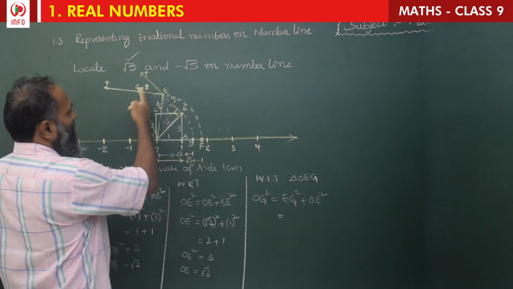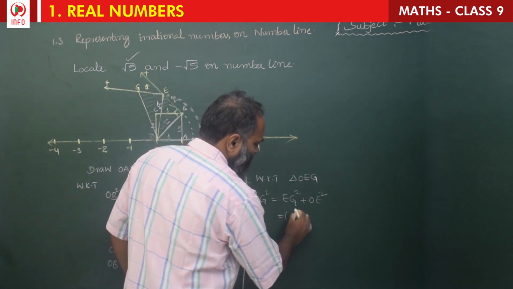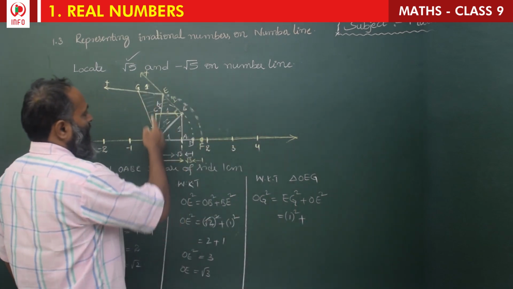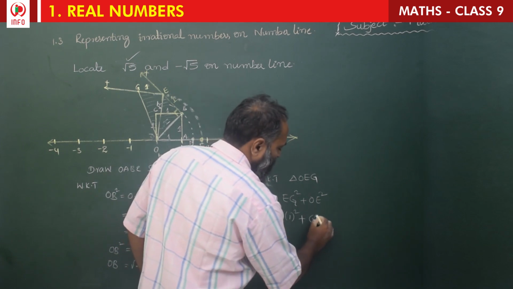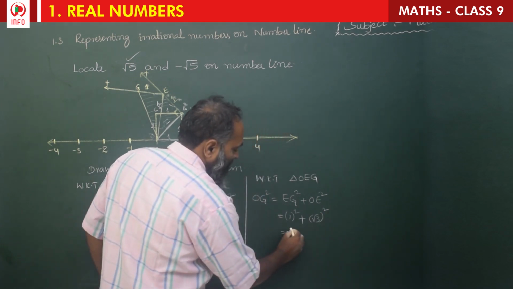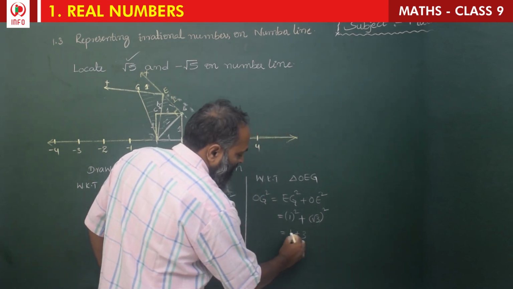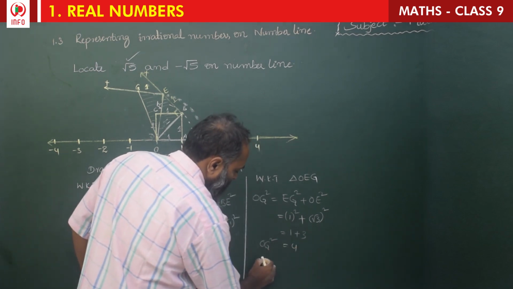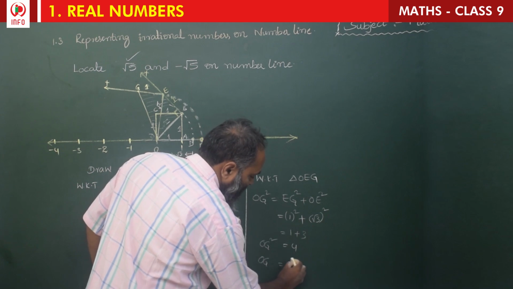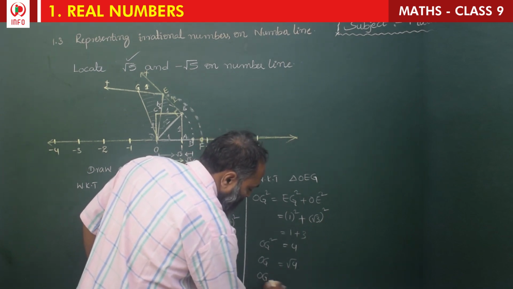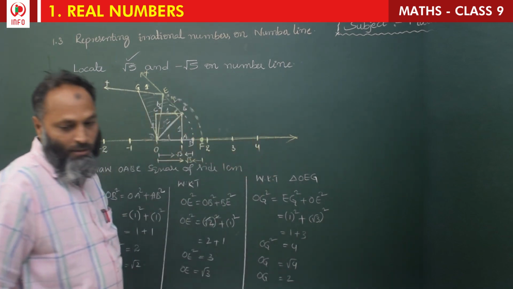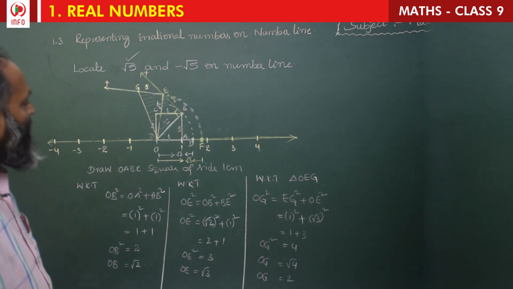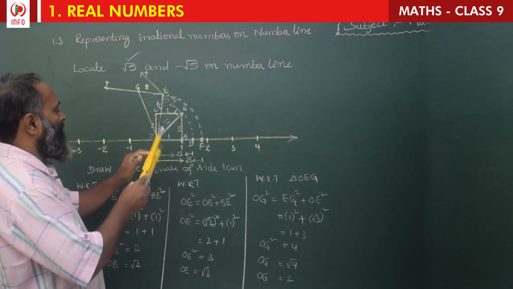EG is 1 square plus O to E, which is root 3 square. 1 square is 1, root 3 square is 3. So 1 plus 3 is 4. OG square is equal to 4. OG is equal to root 4, which is 2. So O to G, the length is 2 units.